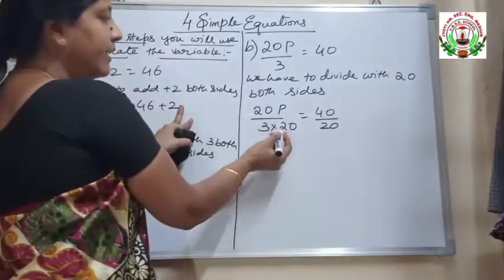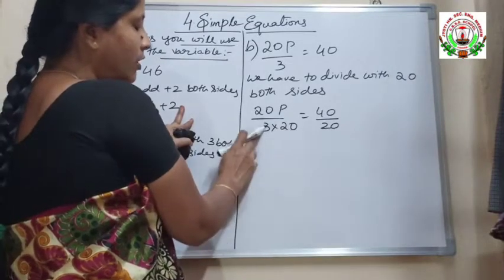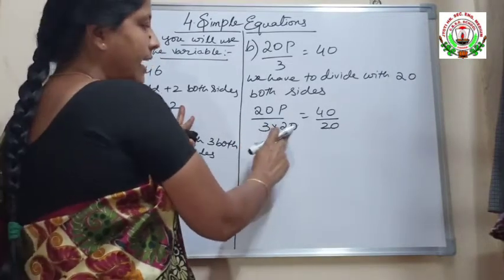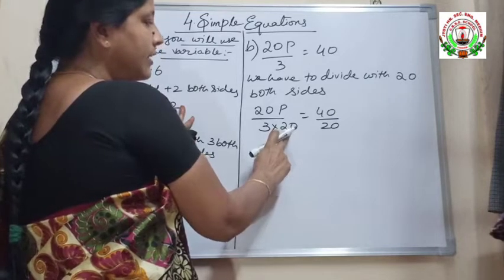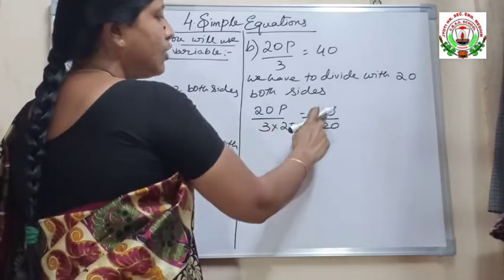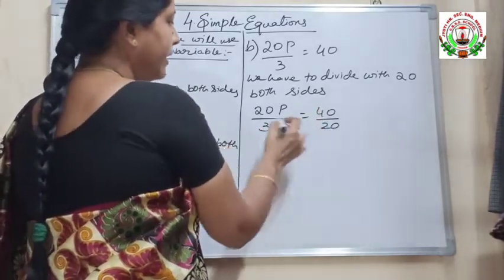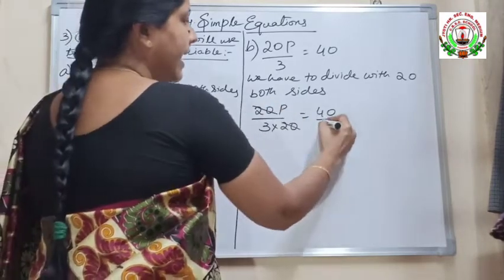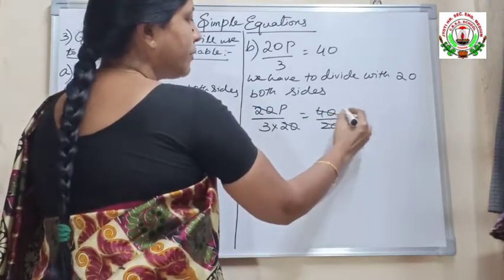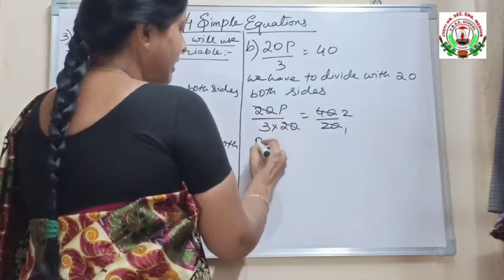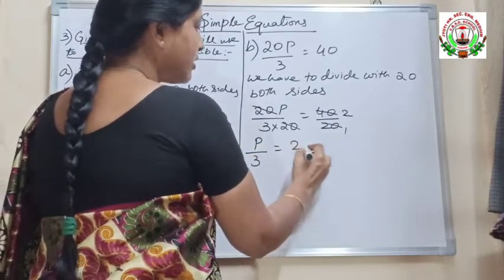I have written 3 into 20 because 3 is also in the denominator and we have to divide with 20. That's why I have written 3 into 20. So 40 by 20 here. 20 here got cancelled. And here 20 ones are 20, 20 twos are 40. So I have got the answer as p by 3 is equals to 2.